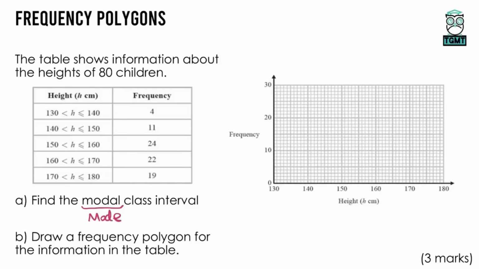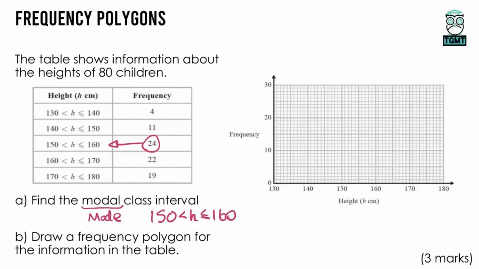So for the mode we're looking at which is the most common group. You can see over here there's a frequency of 24 in one of those groups, and that refers to this particular group over here. So the most common, and this is about the height of 80 children, so the most common height or the most common group of heights is 150 to 160, and you just copy down that inequality exactly as it's written in the table.